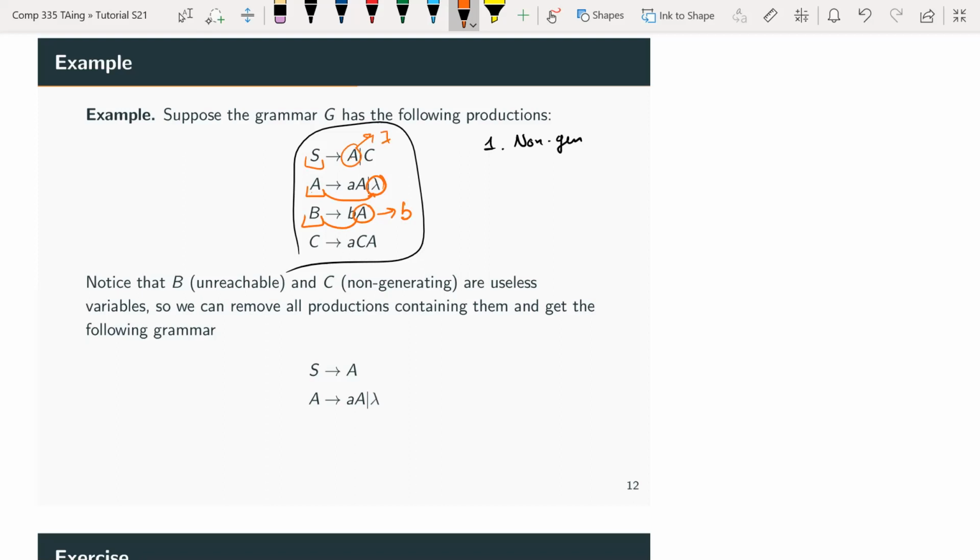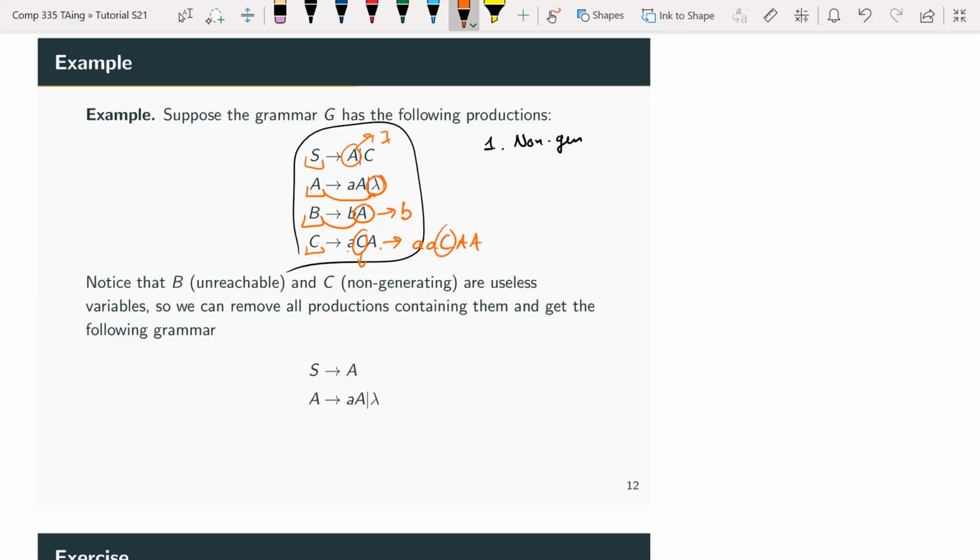Okay. However, C is not a generating variable, because here, let's say you end up replacing C by ACA, then you're still stuck with the variable C, right? And then again, if you replace C again by ACA, you'll just get AACAA, right?